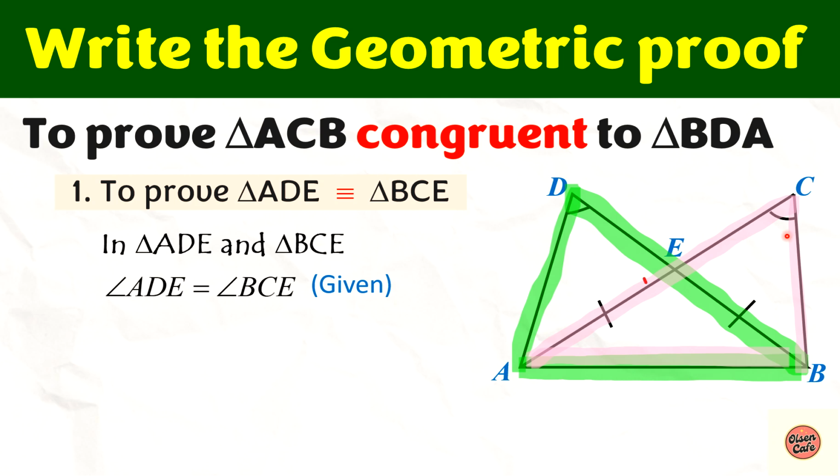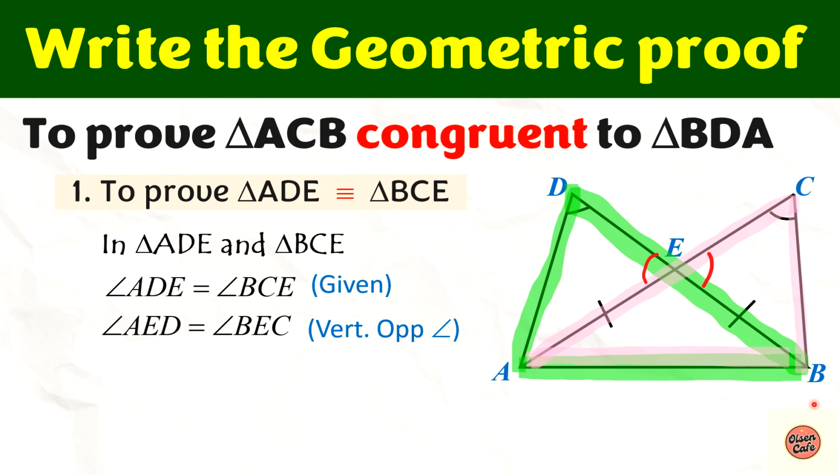By angle properties, angle AED and angle BEC are vertically opposite angles. So I know that angle AED and angle BEC are equal, and the reason is vertically opposite angles.